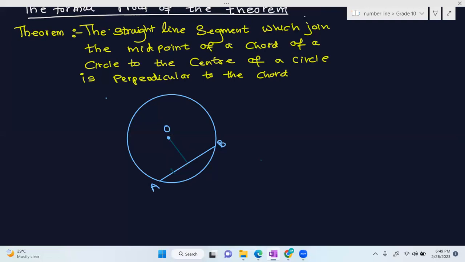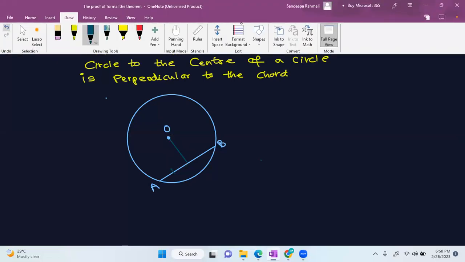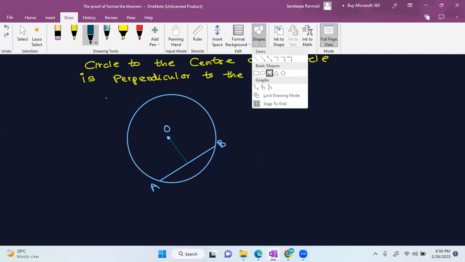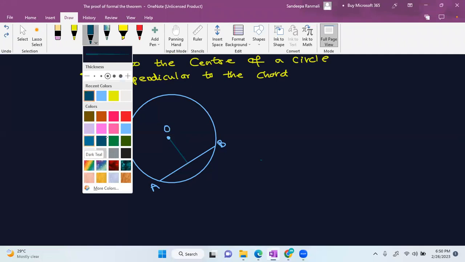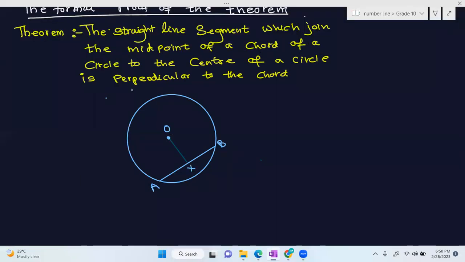Then as it is the midpoint, we can mark how we express that. Now if we name the midpoint as X, then how do we know that X is the midpoint? Because we can draw short lines. That means the straight line segments on either side, AX and XB, are equal.